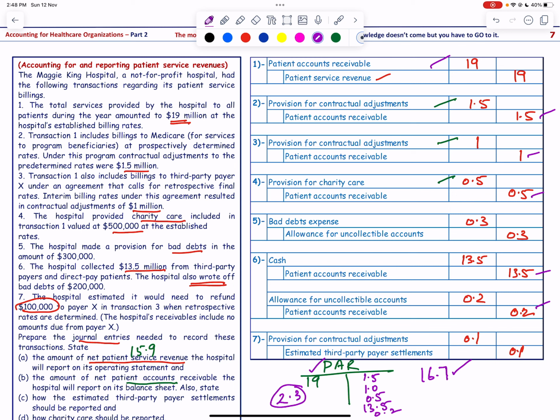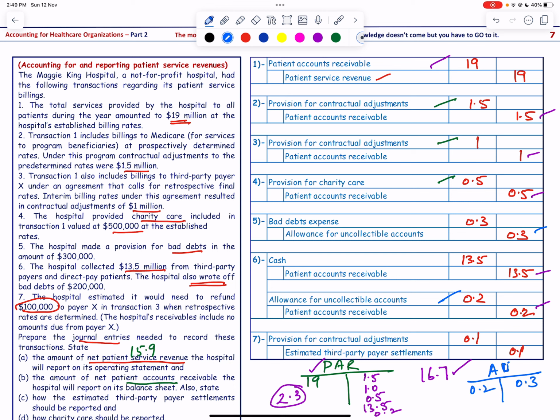Now, in addition to that, we can also see that there are allowances for uncollectible accounts. For the allowances for uncollectible, we have a credit of 0.3, and we have a debit of allowances for uncollectible of 200,000, that makes 0.2.